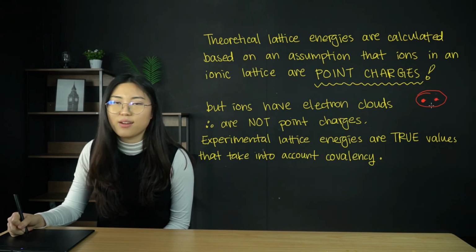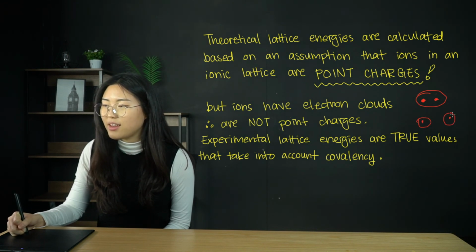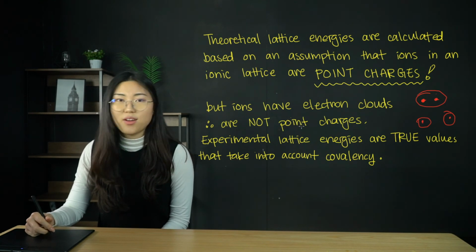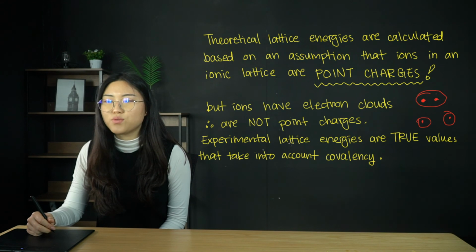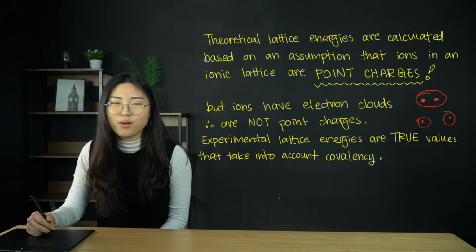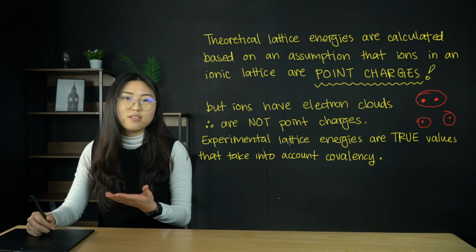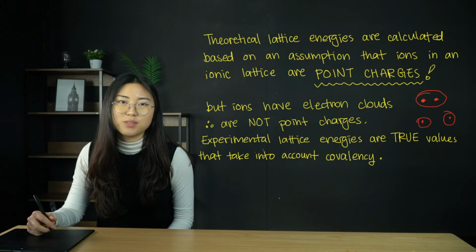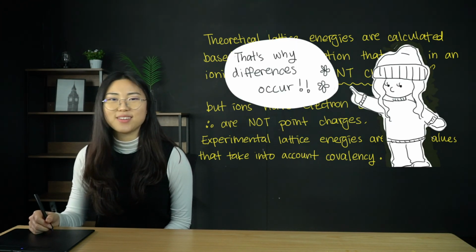That's for a covalent molecule, but more accurately it's like this. So that would be an ion, this would be another ion, right? So therefore they're not point charges. But experimental lattice energies are true values that take into account covalency, but theoretical lattice energies don't, because the assumption is point charges, okay? So that's why there is a difference between them, okay? That is why differences occur, okay?